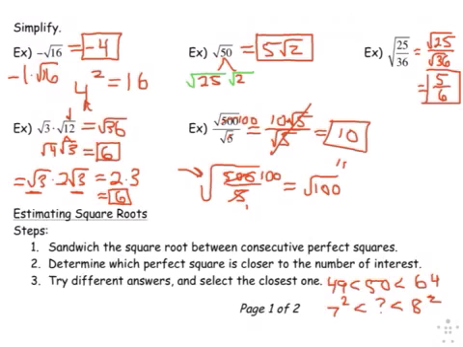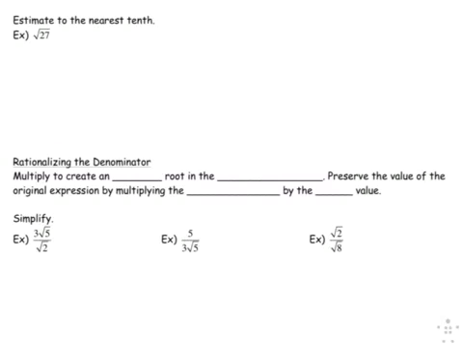So when I try decimal approximations to get to approximately the square root of 50, I'm not going to try 7.9. Rather, because 50 is closer to 49, I'll probably try 7.1 first. So estimate to the nearest tenth.